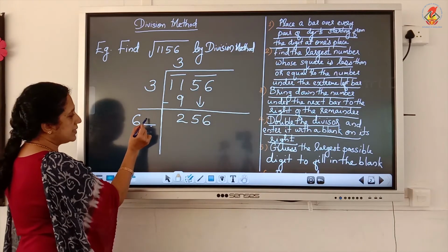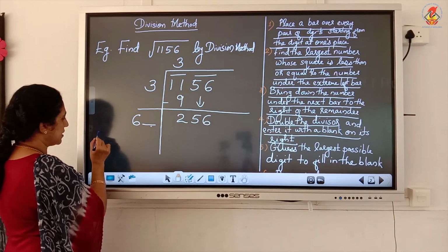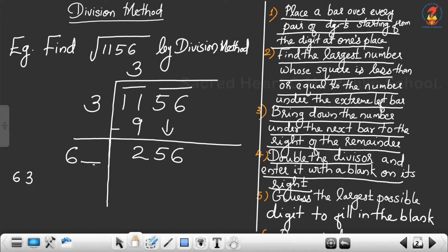Suppose I take the digit as 3, so the new divisor is 63. The digit in the quotient is also 3. So 63 into 3: 3 3s are 9, 3 6s are 18, so 189.